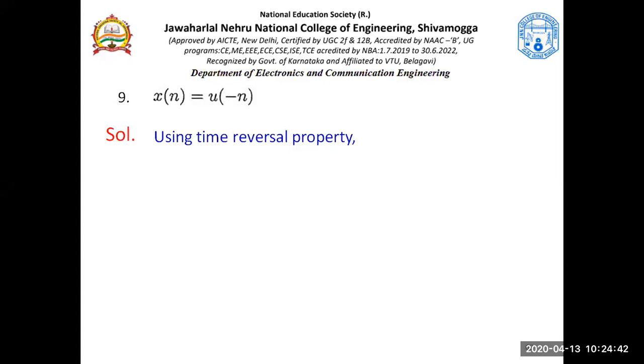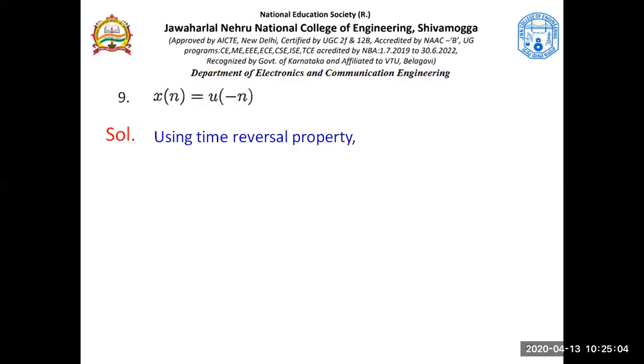What is the z transform of x of minus n, which is a time reversed signal? The reflected signal is also called the time reversed signal. It is reversed in time. The positive time is converted into negative time. If there is negative time, it is converted into positive time. So it is called time reversal.